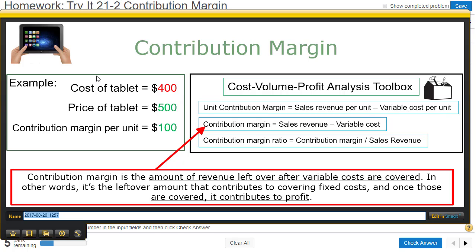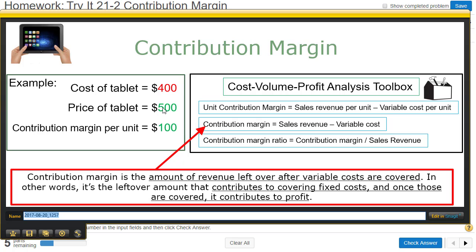So let's look at this example over here from our slides. Remember Ted's tablets? He sold tablets for $500 each, and the tablets cost him $400 to make each. So to get our unit contribution margin, we take our sales revenue per unit, $500, minus variable cost per unit, $400.